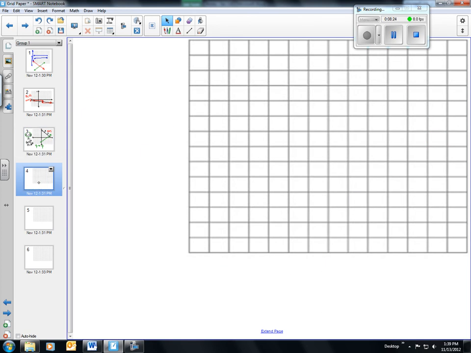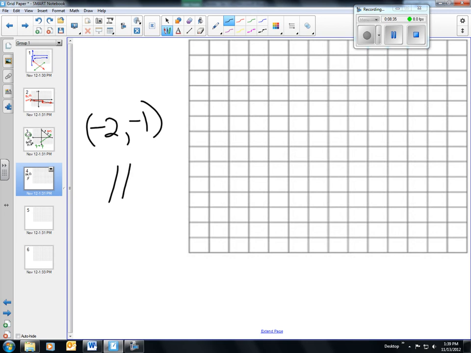Let's try one more like that. And let's just say, for example, we had negative 2, negative 1. And we wanted to find the line that's going to be parallel to the line that is through these 2 points. So let's say 6, 2, and then 1, let's not do 2. Let's do 4.